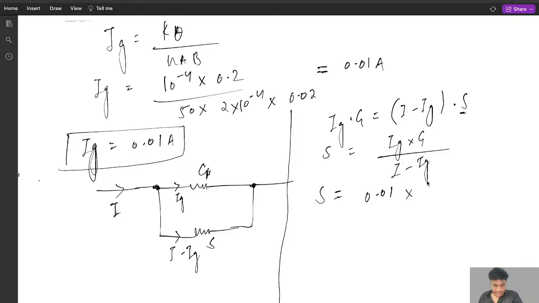That is 50, upon I max, that is the maximum current measured by the ammeter, equal to 1, I think, minus 0.1. Understand?